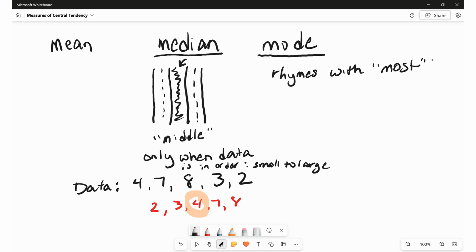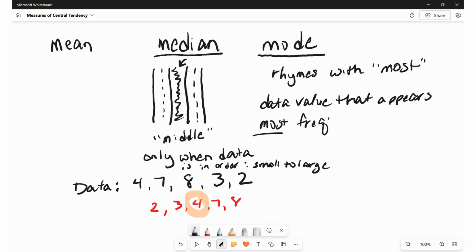So the mode is the data value that appears most frequently. Okay, so in the data set that we started with here, there is no mode.